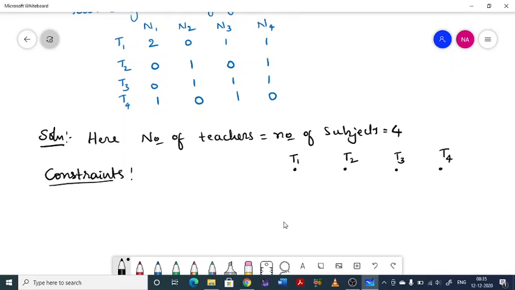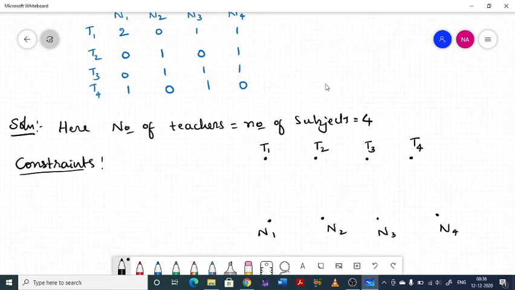This represents teachers. Next, subjects: N1, N2, N3, N4. Now you have to draw edges.